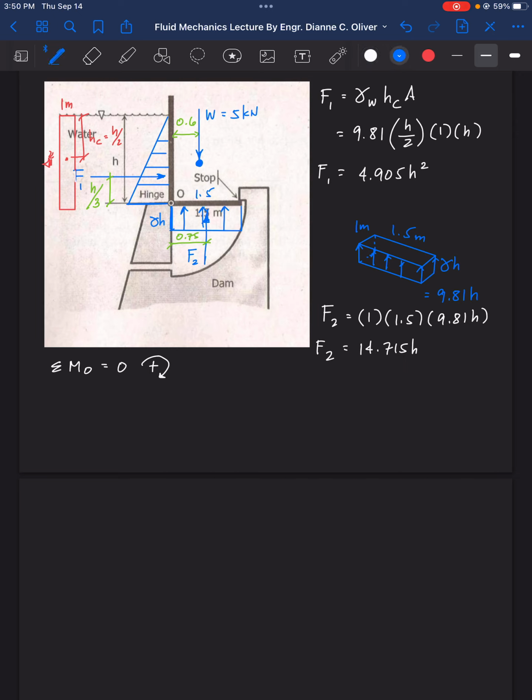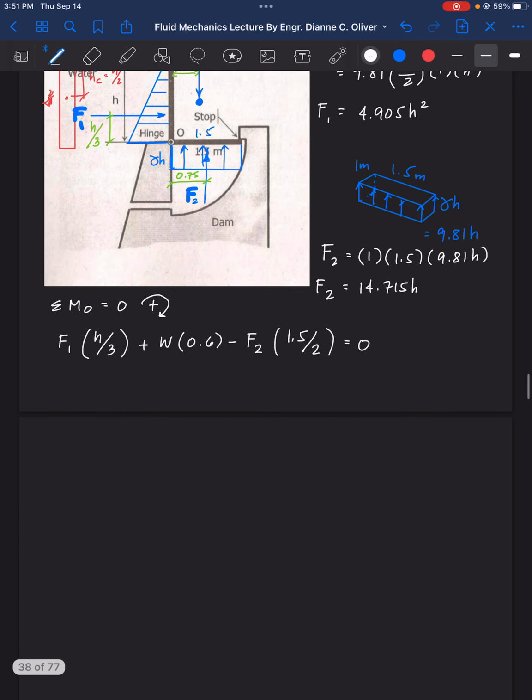This is F1, this is F2, and this is W. So F1 is H over 3 from the hinge, plus W times 0.6, minus F2 times 1.5 divided by 2, equals 0.